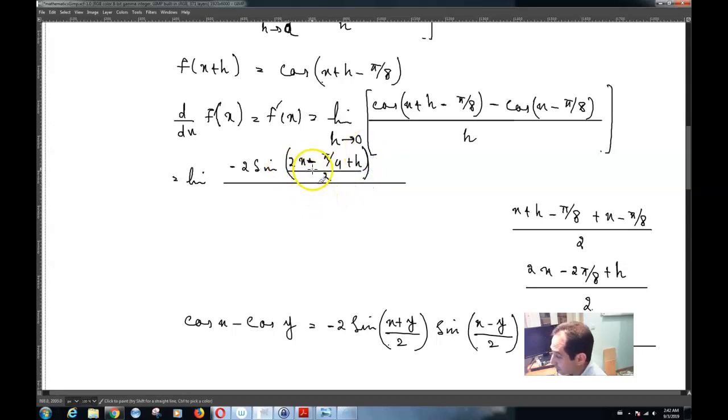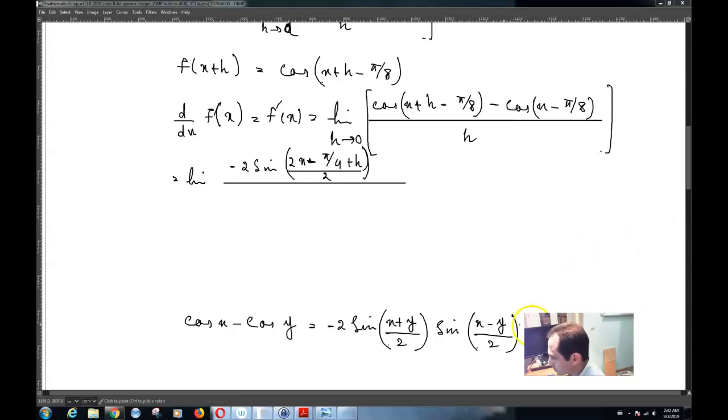Okay, and then the next part is sine of (x minus y) divided by 2. So times sine of x minus y. So that is x plus h minus pi by 8 minus y, which is negative x plus pi by 8.